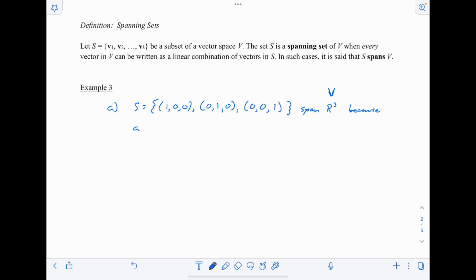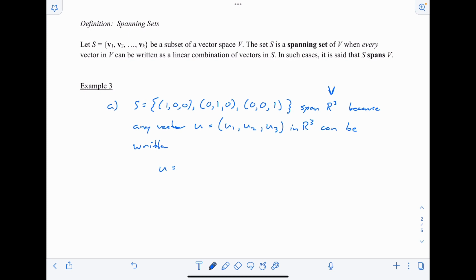any vector, and I'll just call it U, that has the components U1, U2, and U3, also in R3, can be written in this form. So I can say that U, so U just represents any vector in V, in R3. And I can write a vector by taking U1 times the vector 1, 0, 0, plus U2 times the vector 0, 1, 0, plus U3 times the vector 0, 0, 1, excuse me.